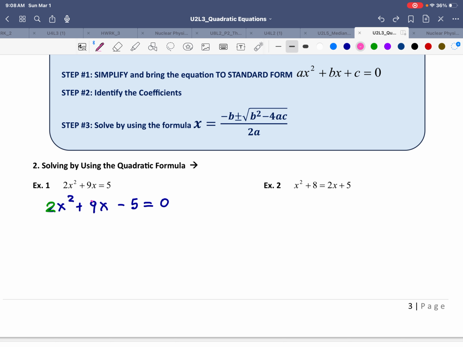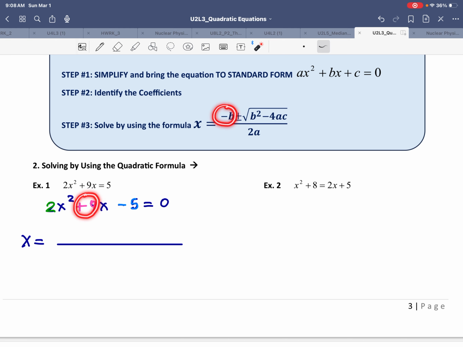And let me just color code them a little bit so that we can look at an easy to follow solution. So now we have x equals, I'm going to draw a big fraction line, and now we're going to put in negative b. Now the value of b is positive 9, so negative b will be negative positive 9, which is negative 9.